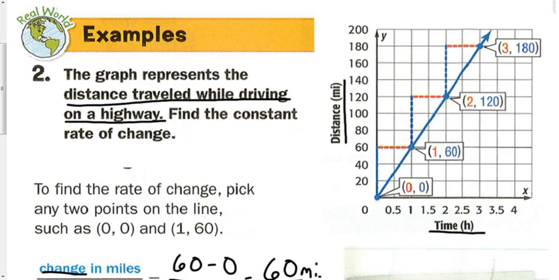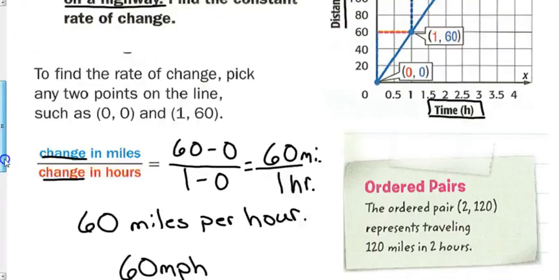So let's look at the point (0, 0). Well, the first 0 represents our x-axis, or the amount of time that has gone by. So the point (0, 0) means that if no time has expired at all, how far have you traveled? Well, you haven't traveled anywhere, because you're still at 0 on your y-axis, which represents your distance.